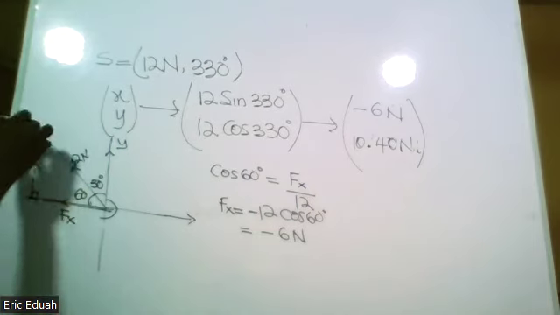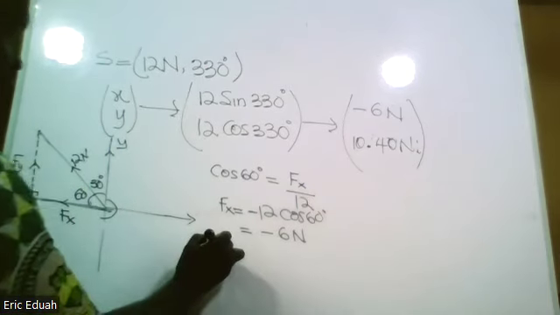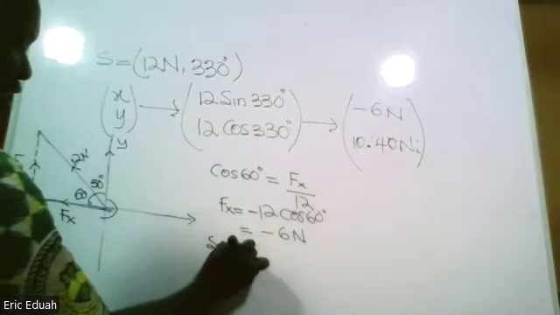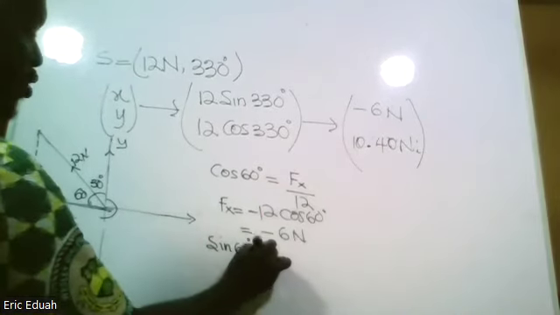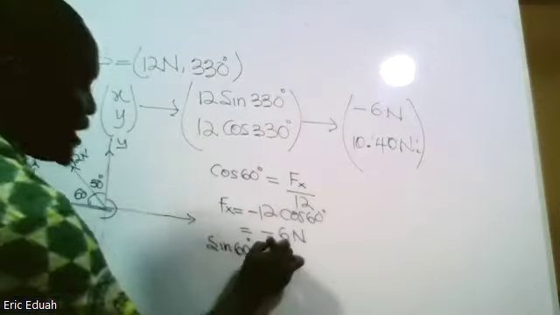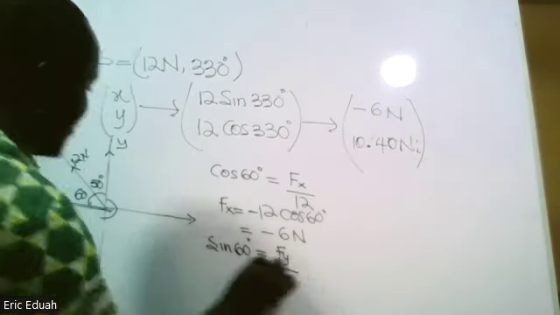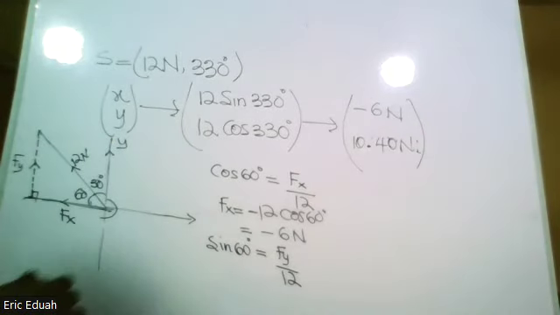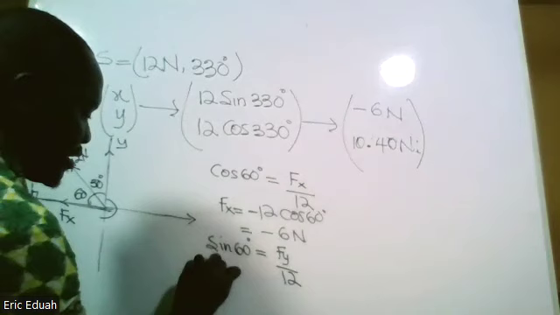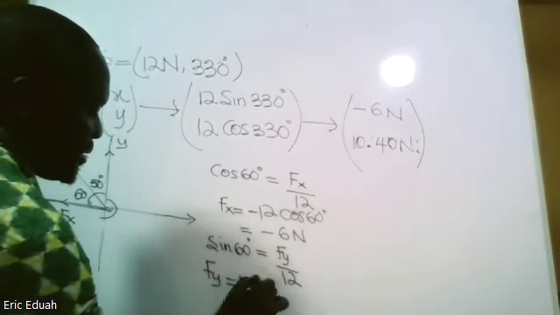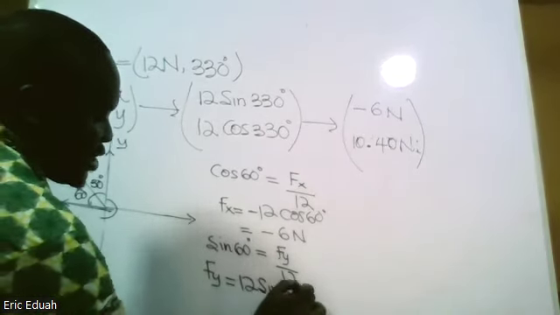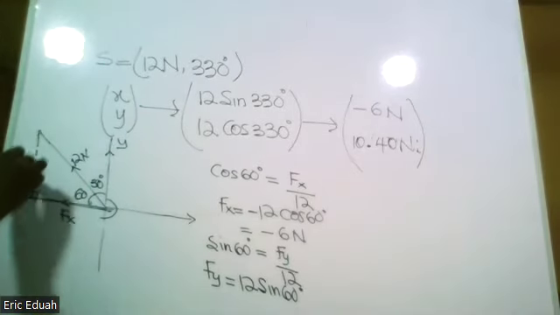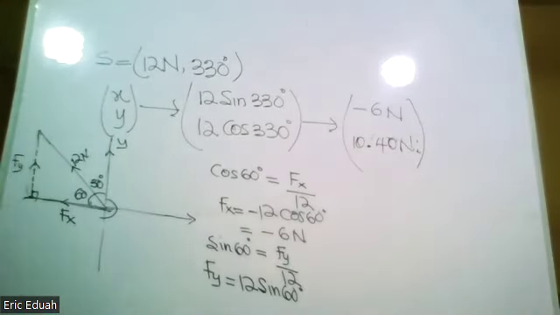Then the vertical component. Sine of 60 is equal to opposite Fy over hypotenuse 12. Fy is 12 times sine 60. But look at where Fy is. Is it along the positive or negative?